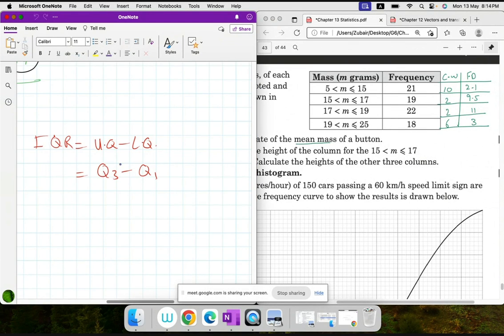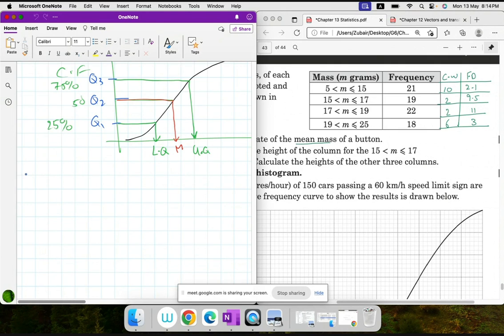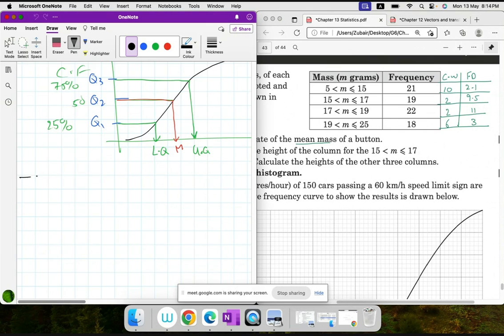Now we studied different types of data: raw data, tabular form, in classes. So mean is again summation fx over summation f.